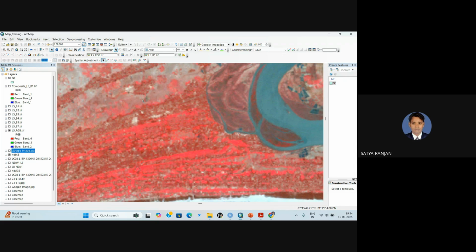But based on the resolution, if a high resolution satellite image is available, then the accuracy is more. It takes some time for calculation, and if more samples are there, then it gives more accurate data. Okay. Thank you very much. Manual digitization is very accurate, but it takes time because we know this is a different area and this is a different area.